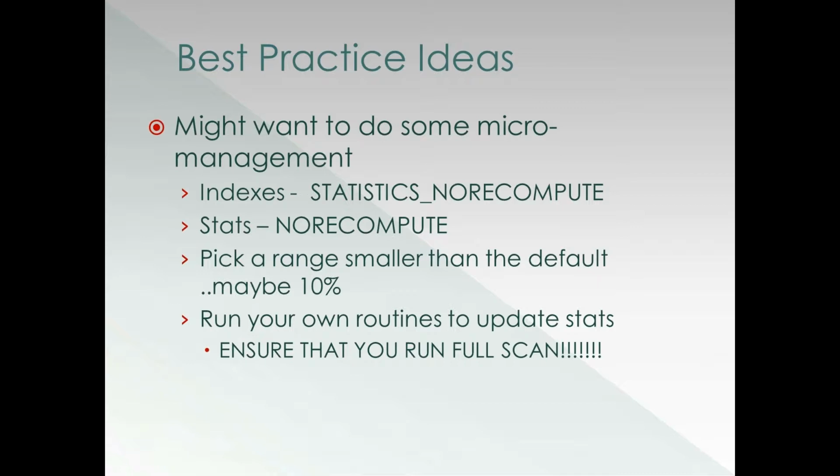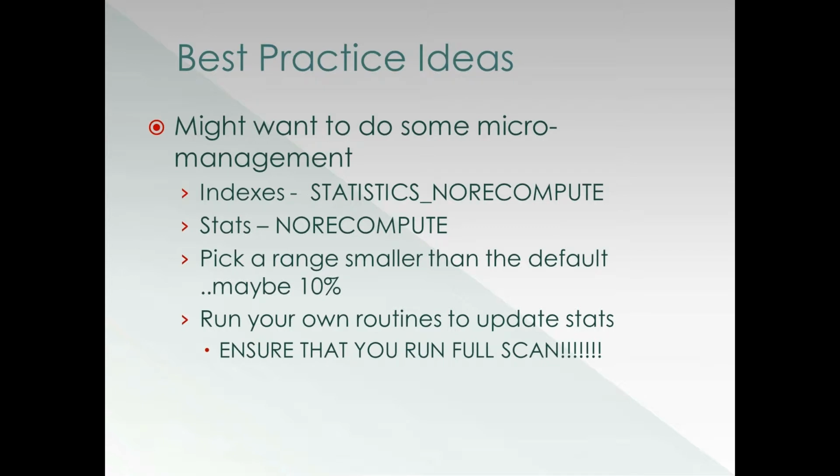Okay, and then you would run your own routines to update those stats, and when you're running those against a filtered index, my little all caps note down here is the main point: ensure that you run those with a full scan, because you're doing a filtered index.